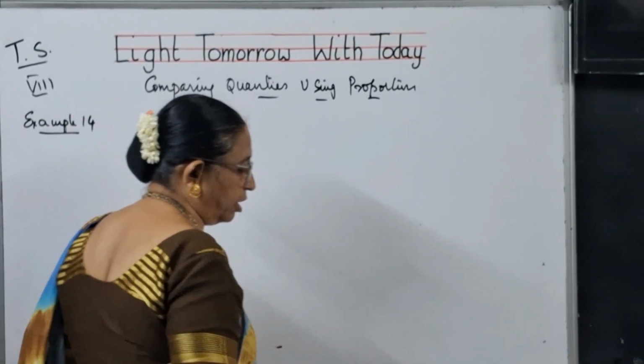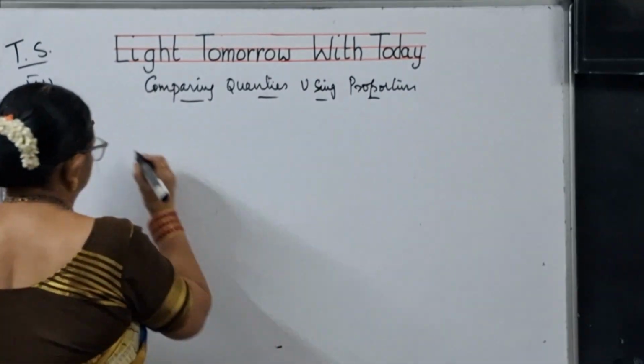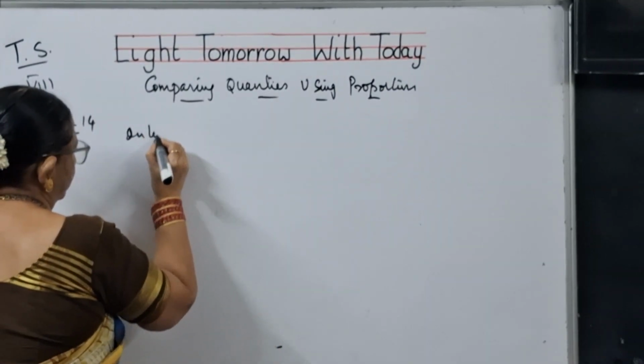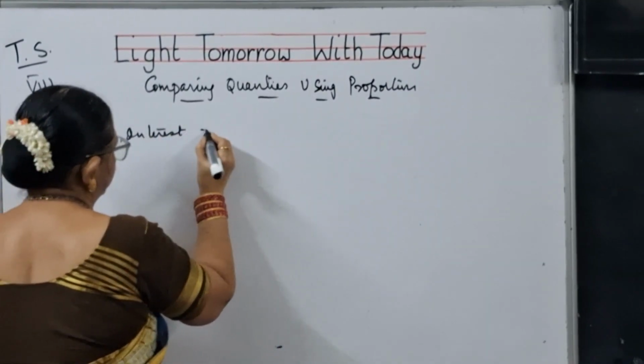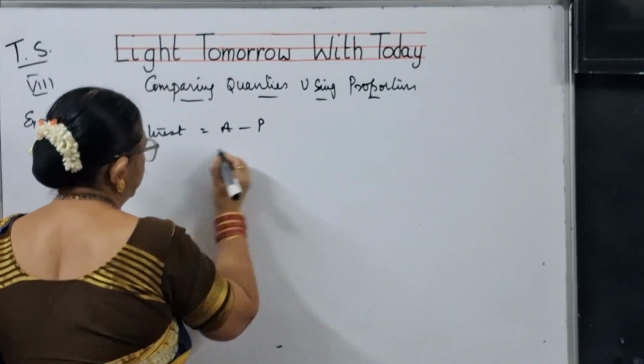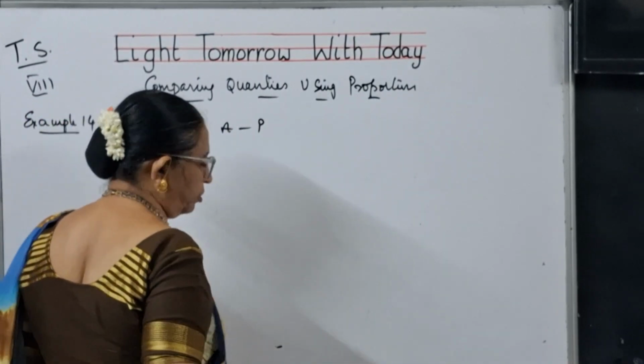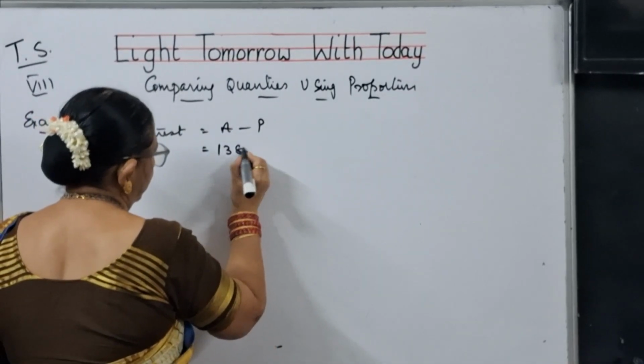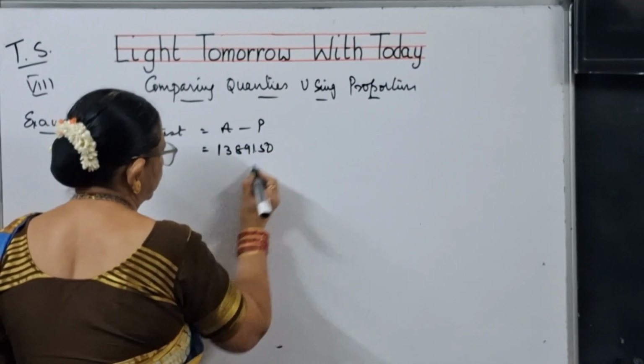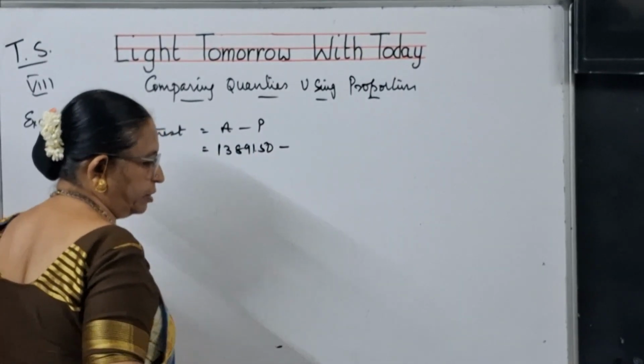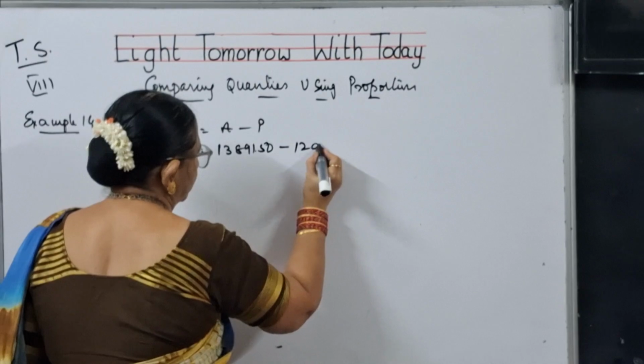They have asked compound interest. So, what is interest, children? Interest means amount minus P. So, what is the amount we have got? 13891.50. From this, what is the principal? 12,000.